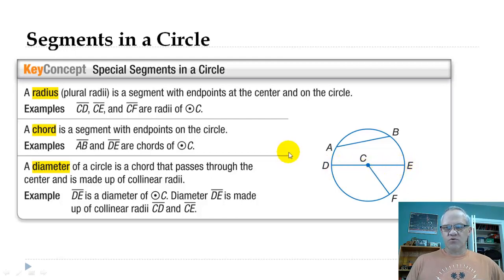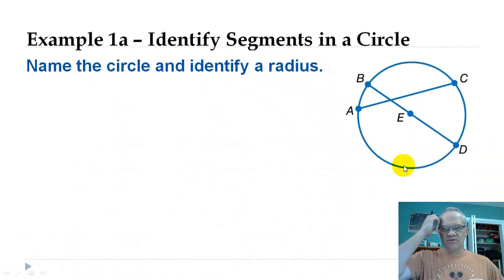Why do we not normally think of that as a chord? Because that's the next one here. It's a diameter. A diameter is really just a chord that goes through the center. It goes straight through the center from one side of the circle to the other side of the circle. So those are some terms that we need to know.